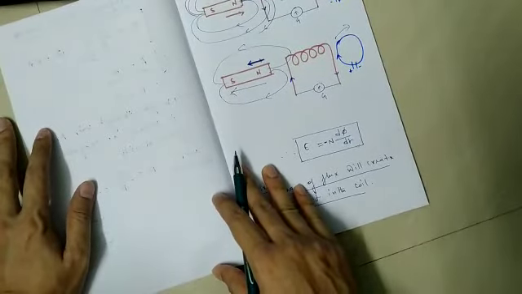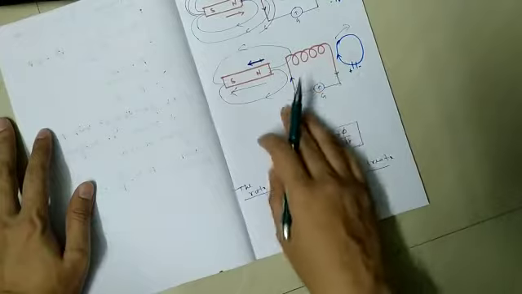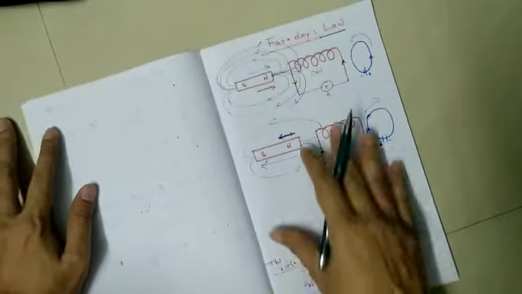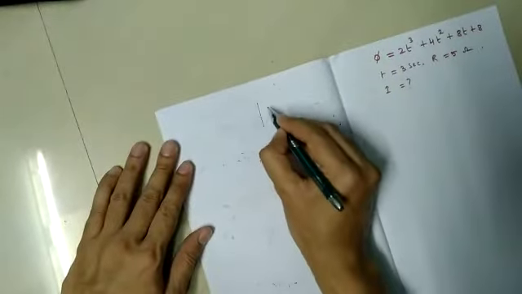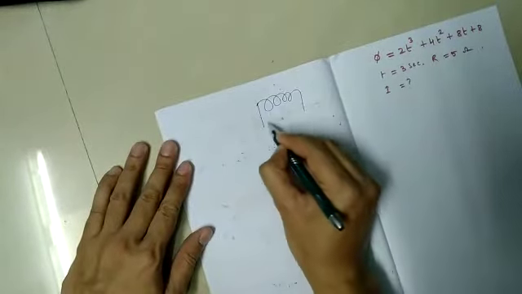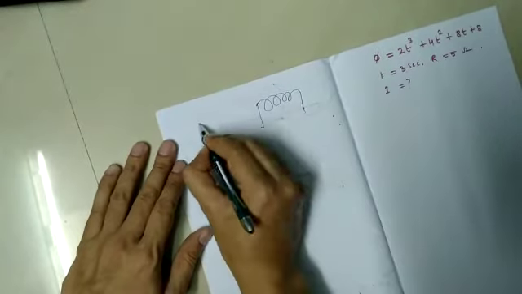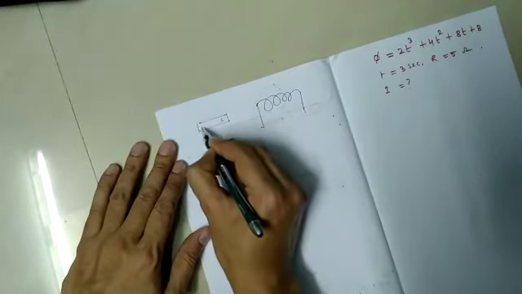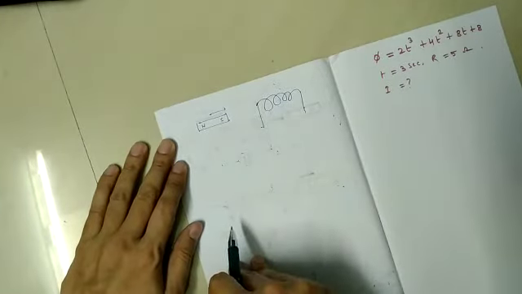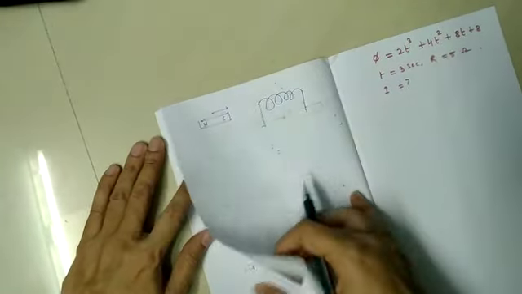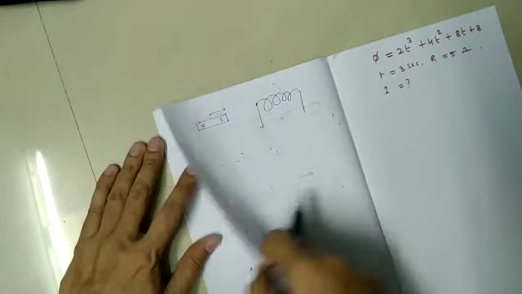So there should be a relative motion between the coil and the magnet. Then only the EMF will be created over here. If this is the coil and the S side moves towards the coil, that time also it will create an instantaneous EMF.